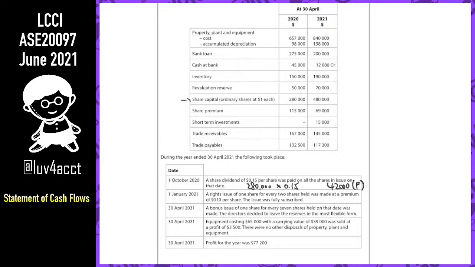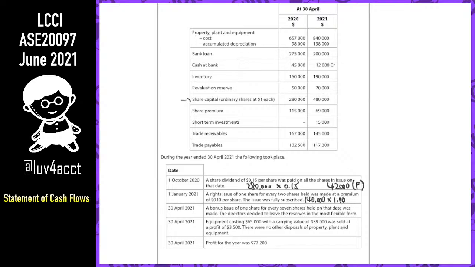1st of January, year 2021, right issue, 1 share for every 2 shares held, made at a premium of 0.10 per share. The issue was fully subscribed. Originally we have 280,000 shares, 2 for 1, so we are issuing 140,000 shares at a premium of $0.1. That means we are issuing at 1.1.